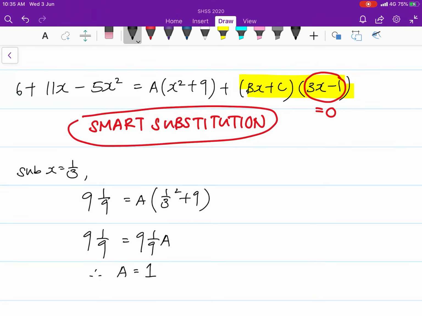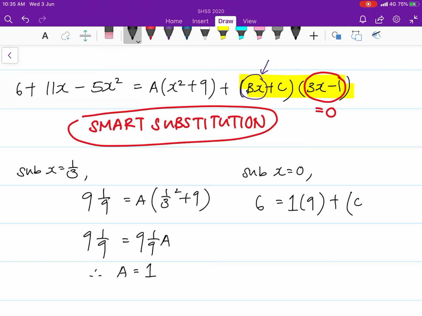Okay, the next smart substitution I would do is x equals 0, because it will make this b disappear. So I would substitute x equals 0, and on the left side I would just get the value 6. On the right side I will substitute a equals 1, x equals 0, which is 9, plus, now b times x, which is b times 0, will give you 0.